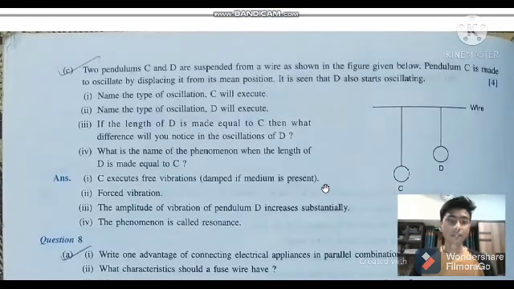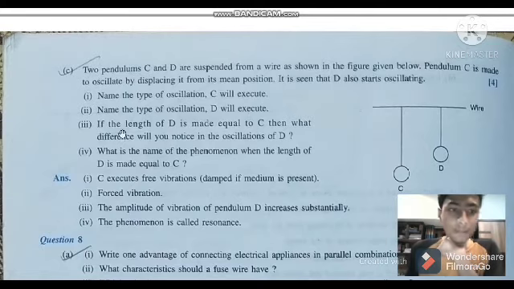Next question is, two pendulums C and D are suspended from a wire as shown in the given figure. Pendulum C is made to oscillate by displacing it from its mean position. D also starts vibrating. Name the type of oscillation C will execute. C would obviously execute free vibrations, and damped vibrations if there is a resistance in the medium.